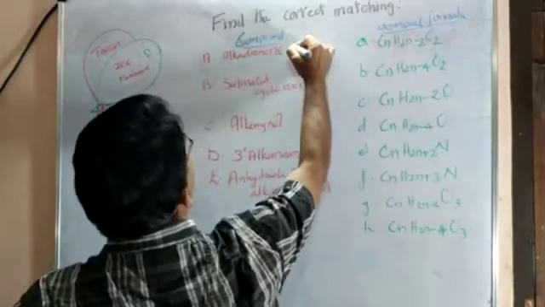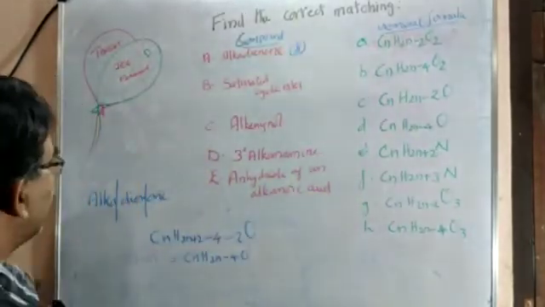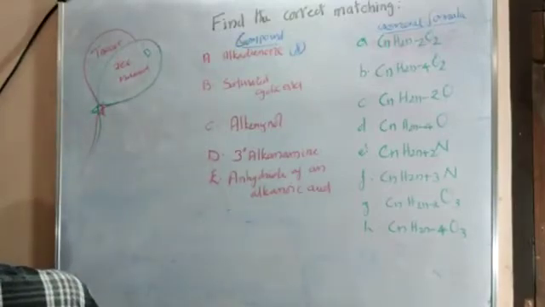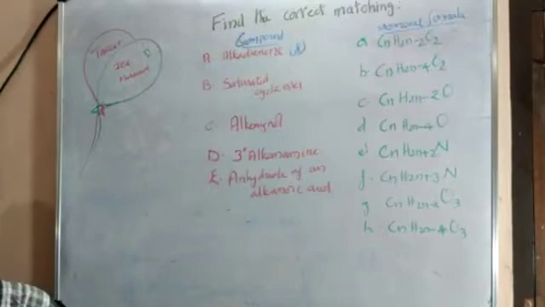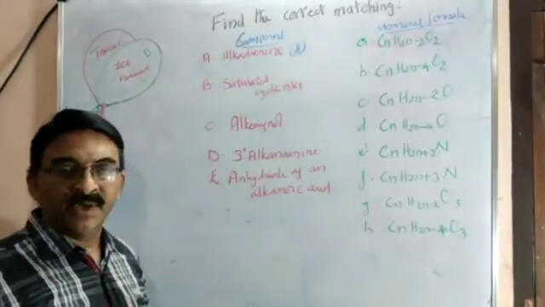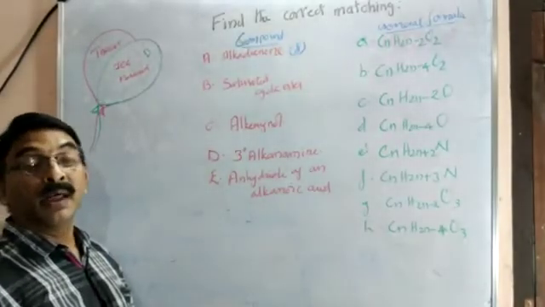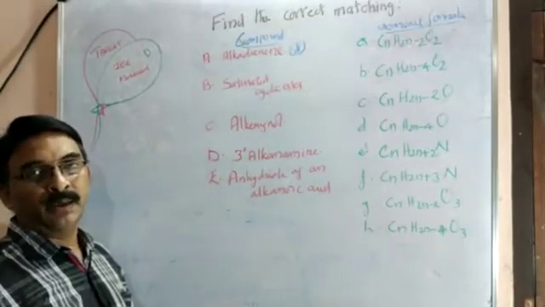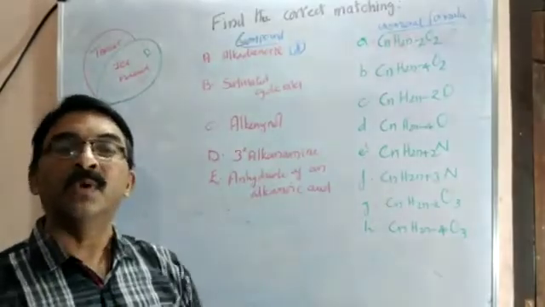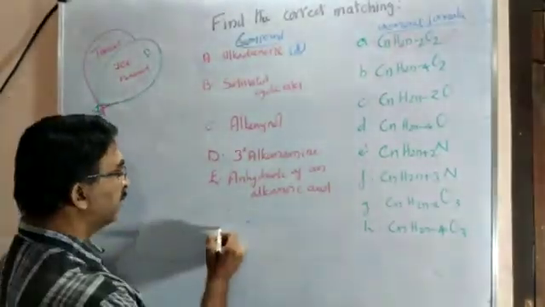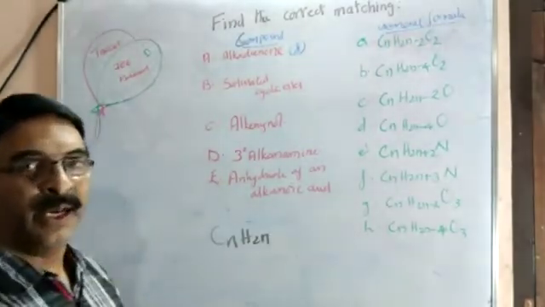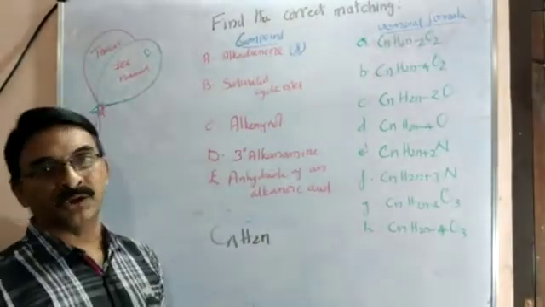B. Now, saturated cyclic ester. Second case, saturated cyclic ester. When an alkane is converted to a cycloalkane, you remove 2 hydrogens from the adjoining carbons. So cycloalkane is CnH2n+2-2. Like alkene, its general formula is CnH2n.